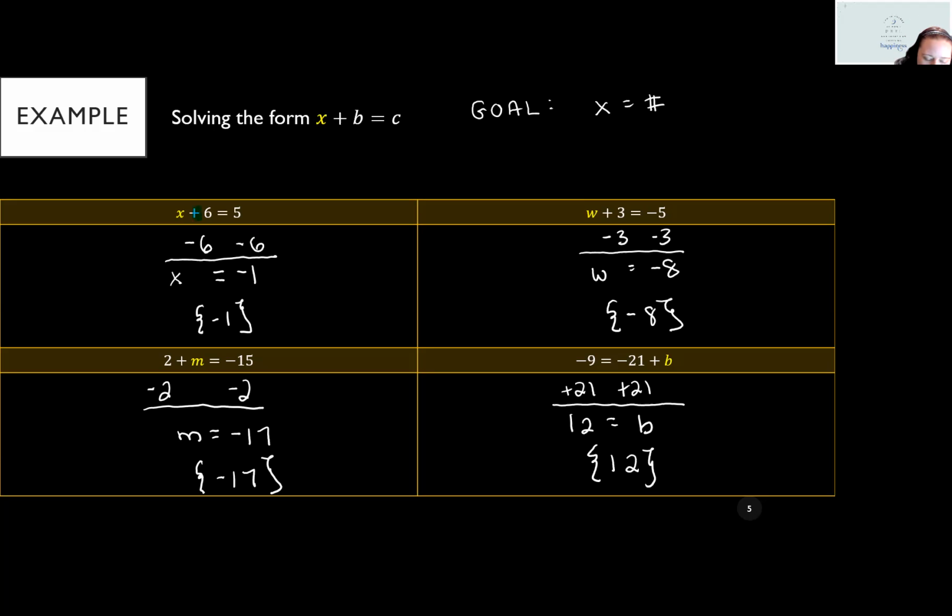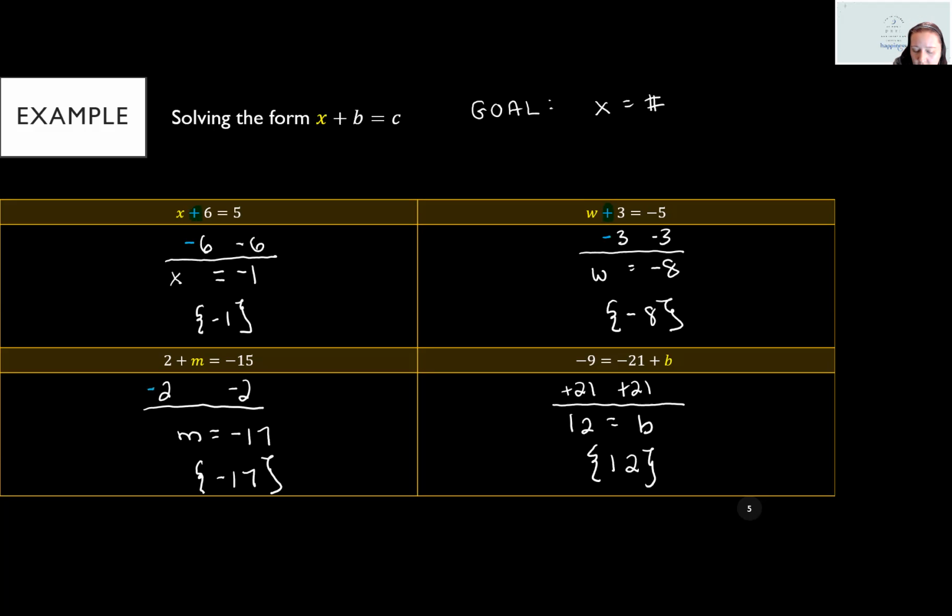So we had a plus in front of our 6, so we subtracted to get rid of it. We had a plus in front of the 3, we subtracted to get rid of it. The 2, there wasn't a plus, but it's assumed to be positive, so you subtract to get rid of it.